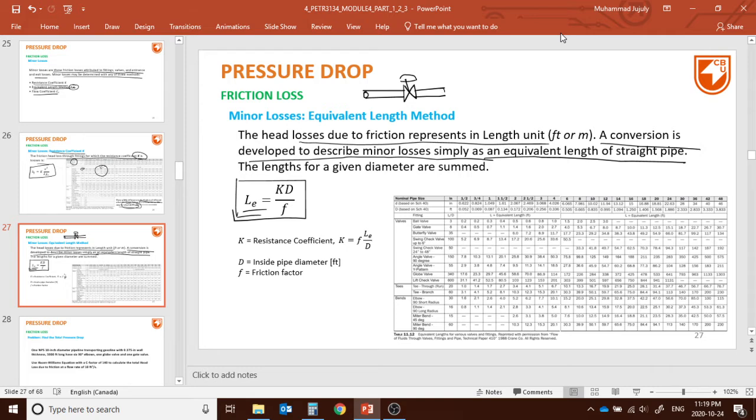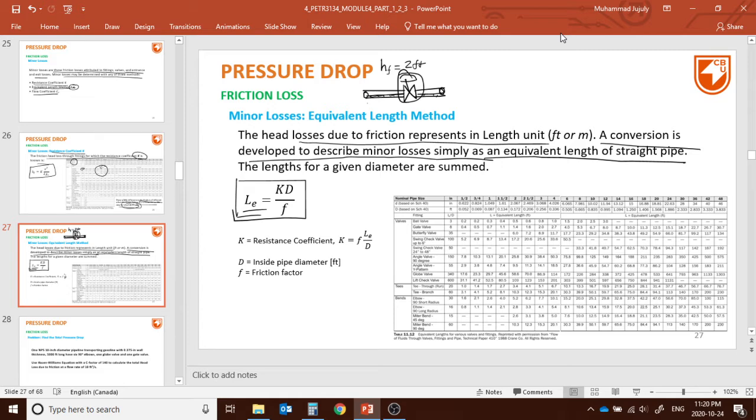The friction loss, or major loss, for this pipeline is, for instance, HF equal to 2 feet. So the major loss is accounted for in this pipeline. Now what about the valve? How much loss can a valve have?